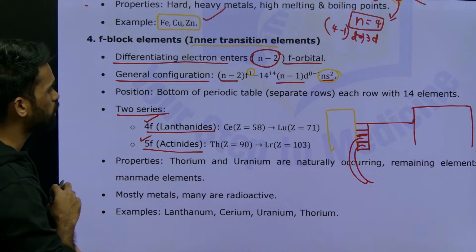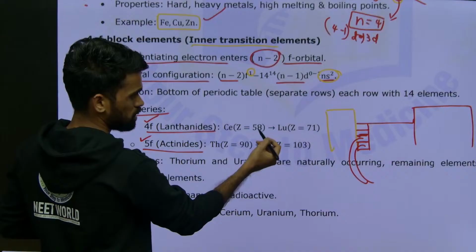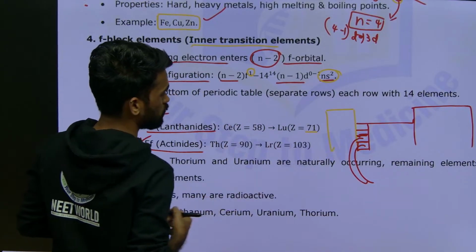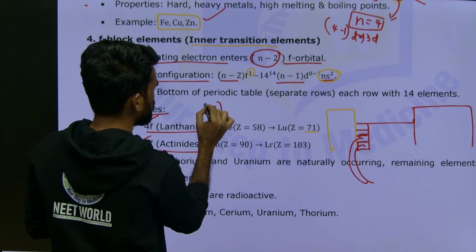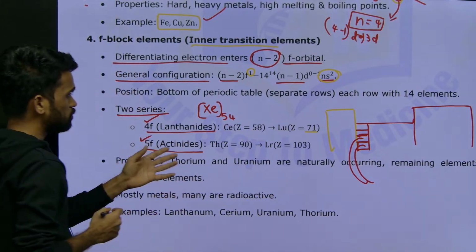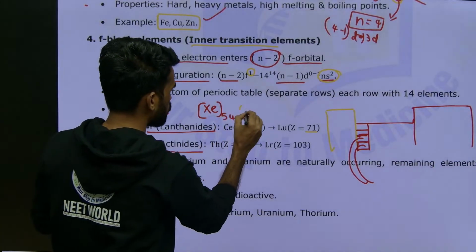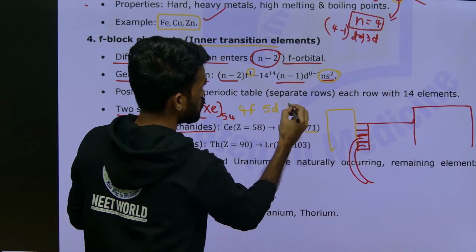Now, for example, if I want to write this for lutetium, the atomic number is 71, or you can take any element here. Xenon is 54. After this we need to write for these elements. Here we have 4f, next 5d, then 6s.